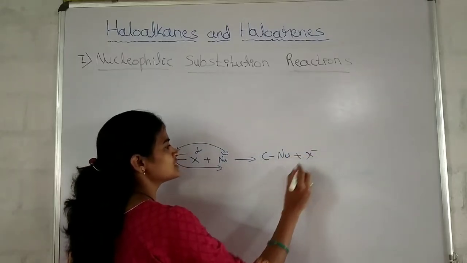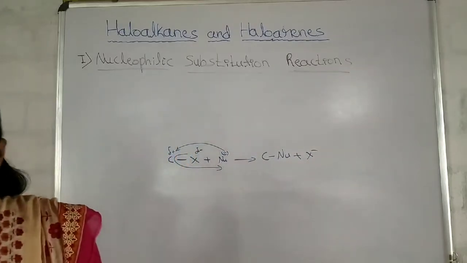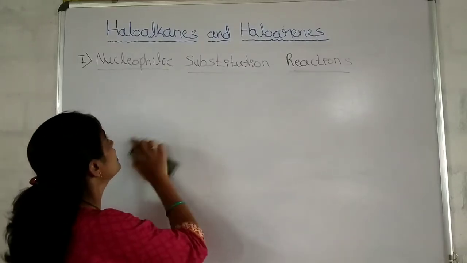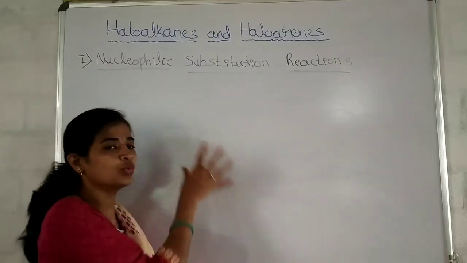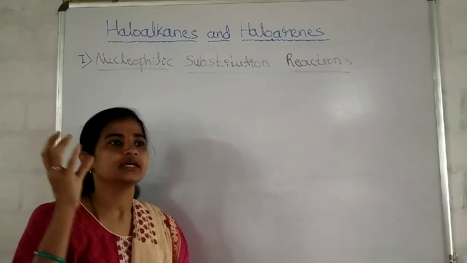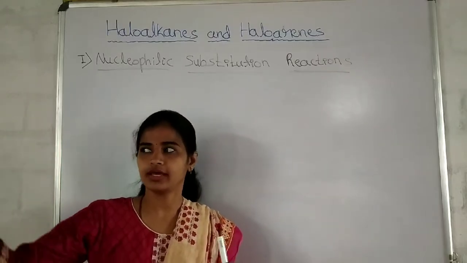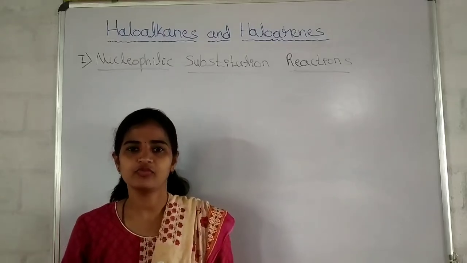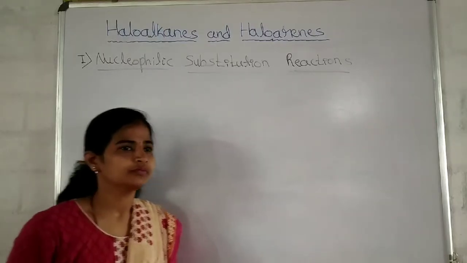Due to the polar nature of the carbon and halogen bond, the nucleophile can attack the carbon atom, hence the halogen leaves as a halide ion. Got it?